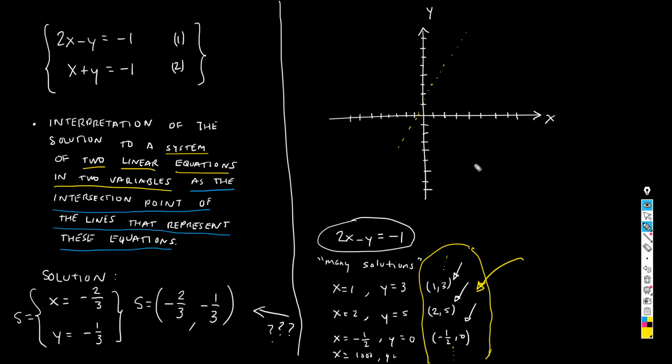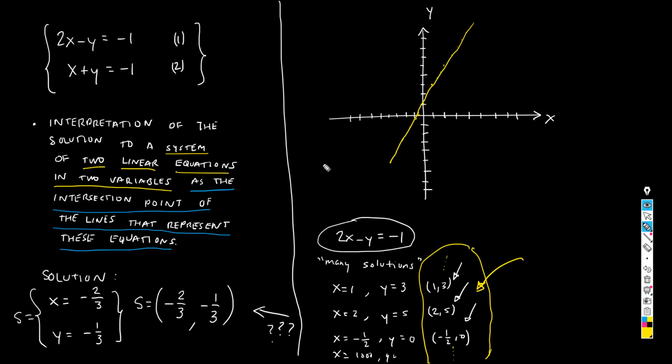And when we do a lot of them, and we trace a smooth line along those points, what's gonna be created? It's a line. That's it, guys.